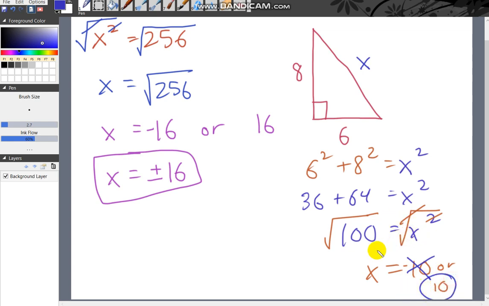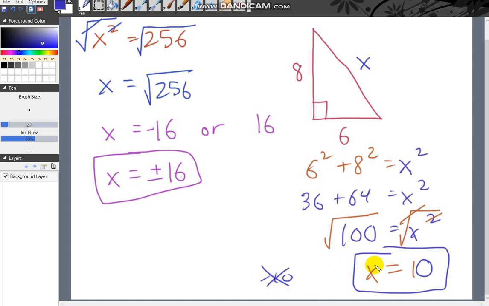So that's how you would usually get x equals 10. You just disregard the negative 10. Hopefully that sounds a little bit familiar to you guys.